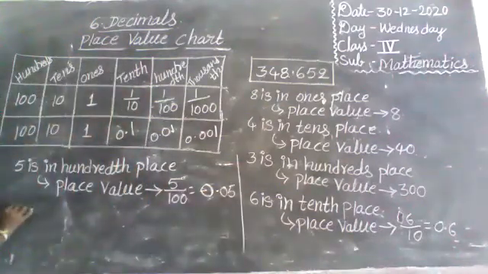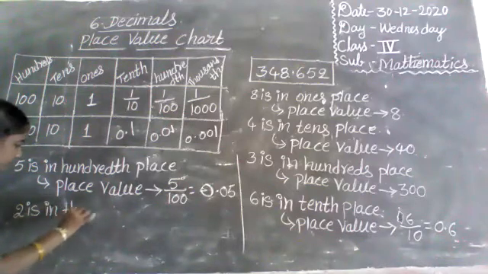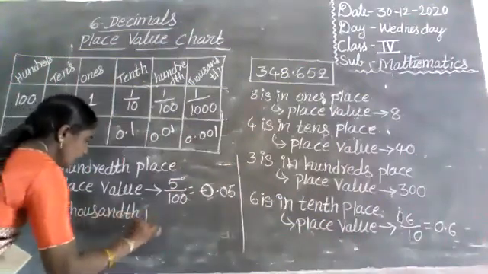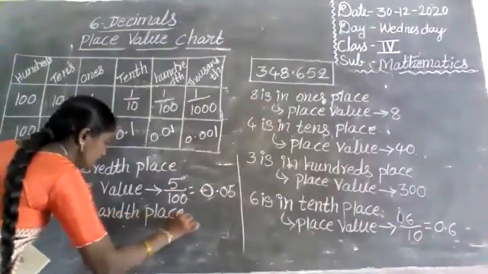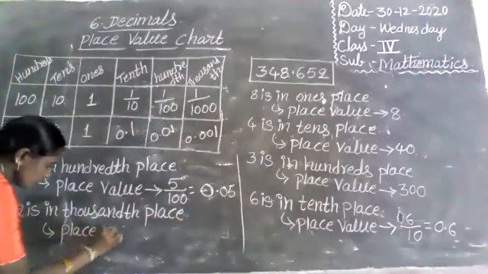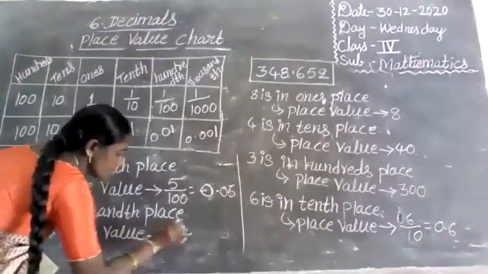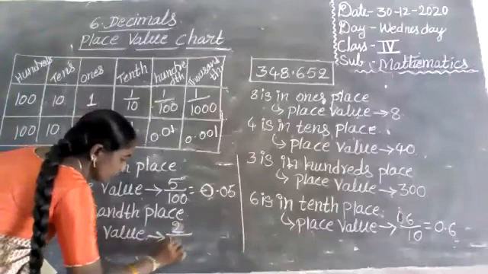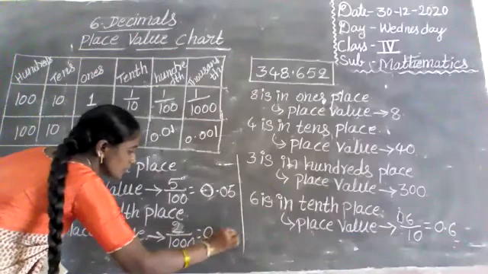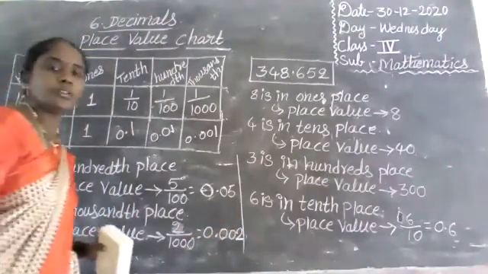Next number is 2. 2 is in the thousandth place, so the place value is 2 by 1000, that is 0.002.